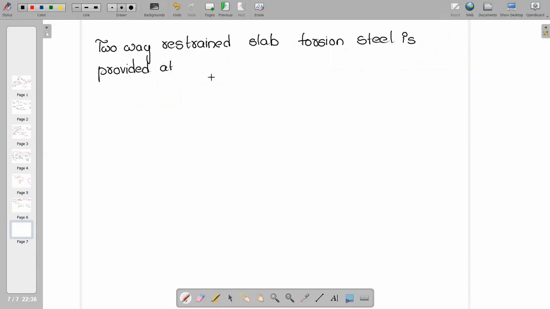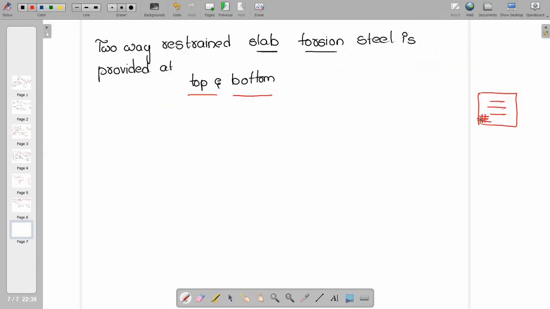Sir, when there is a two-way restrained slab, torsion steel will be provided at top and as well as bottom also. I told you already, sir. If you see, students, I have shown you the slab. There is the main bar, and I told you it is like a mesh.